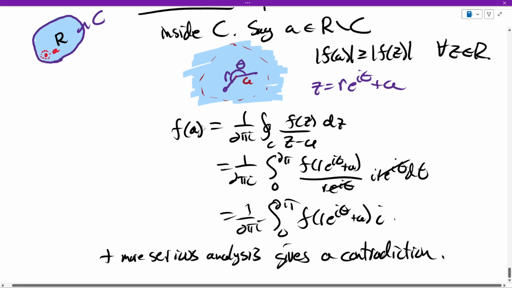This is also related to Liouville's theorem. Liouville's theorem says, again, that if you're bounded and entire, so analytic on all of C, then you have to be constant. So if you're non-constant, the only way for this to work is if you grow as you go further and further away.